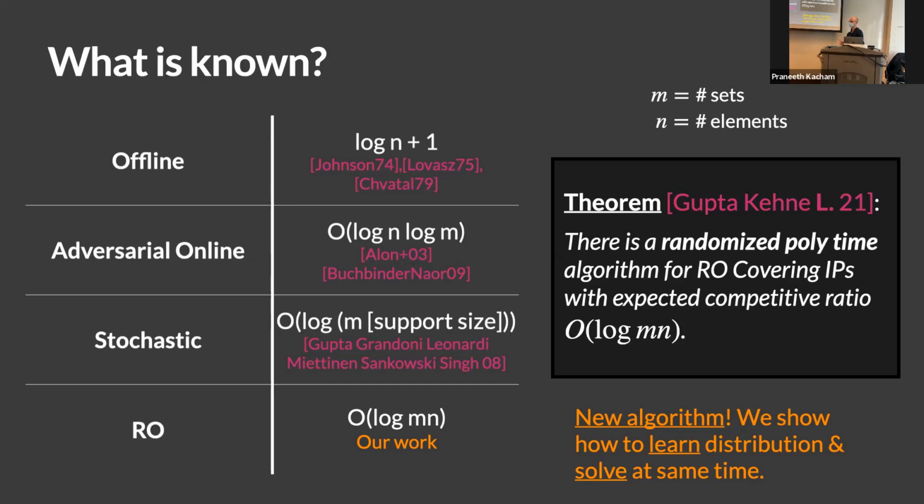Oh, so okay, my question is, what do you mean by learned distribution? Like when you're drawing from random order, an adversary fixes the element set, and then you're seeing it in random order. So it's kind of as if you were drawing without replacement, but the difference between without replacement and with replacement is sort of nothing. But the distribution you don't know because an adversary fixed that set system. So in that sense, it's unknown. Yeah.